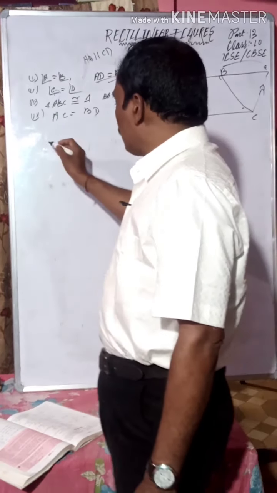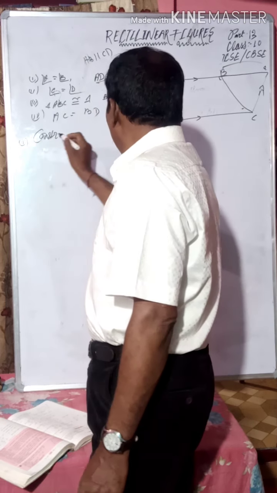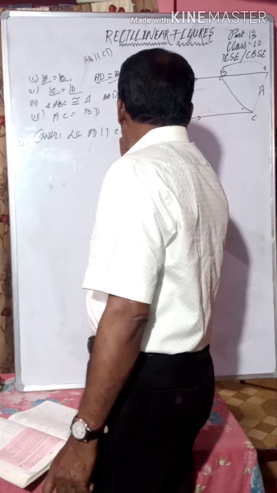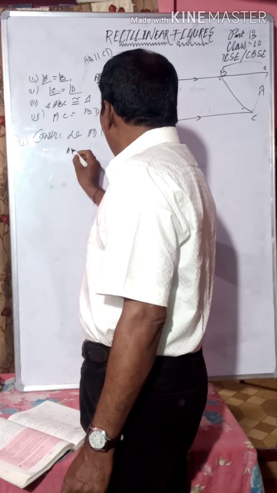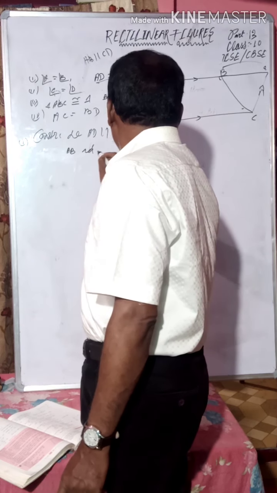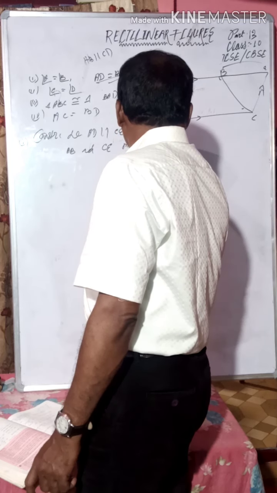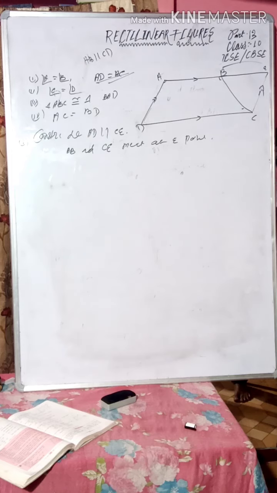Here is a construction for proof I. Let AD be parallel to CE, and AB and CE meet at point E. This is the construction, nothing else.